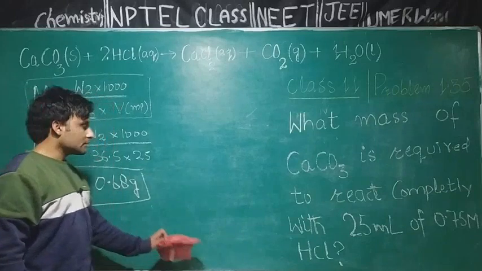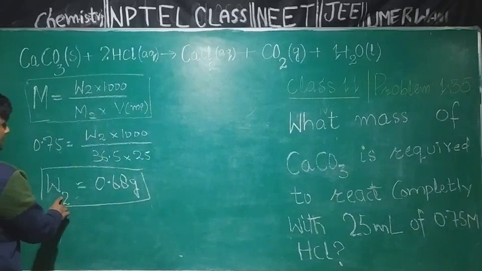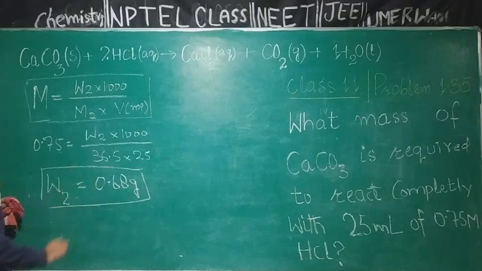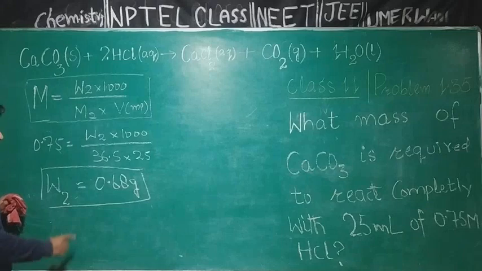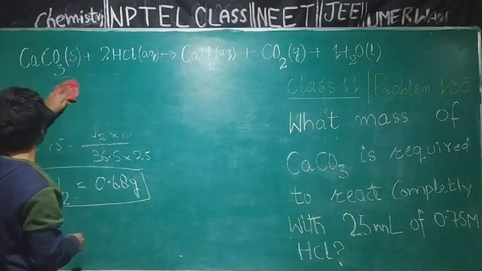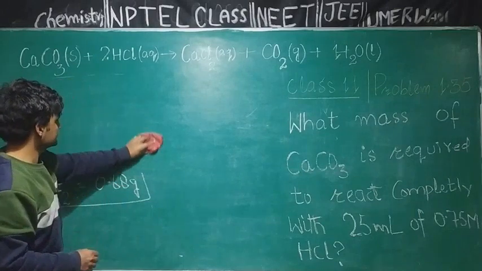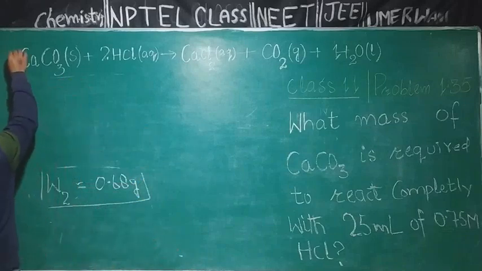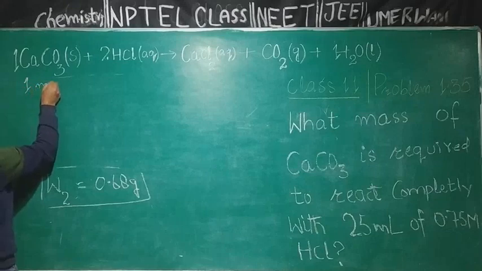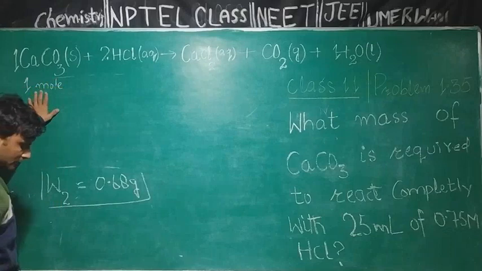Now I will use reaction stoichiometry, using this mass of HCl dissolved in 25 ml of 0.75 molar HCl solution to solve this problem. The stoichiometric coefficient of calcium carbonate is 1, so the number of moles of calcium carbonate involved is 1.